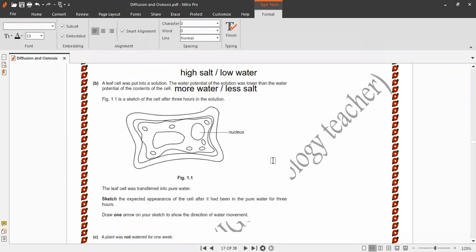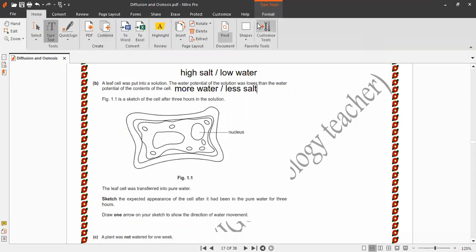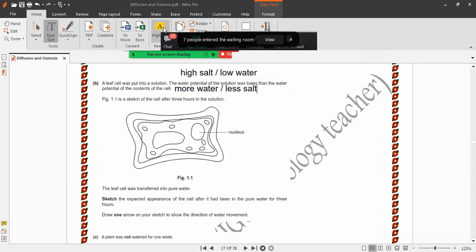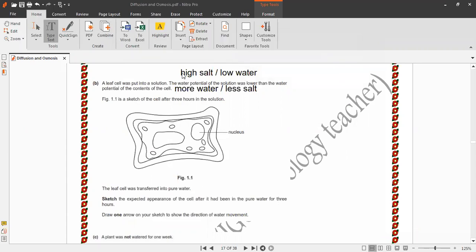Draw one arrow on your sketch to show the direction of water movement. Does water move from inside to outside or from outside to inside? From outside to inside. Yes. Why? Because it has low water. Low water inside? Yes. Okay.